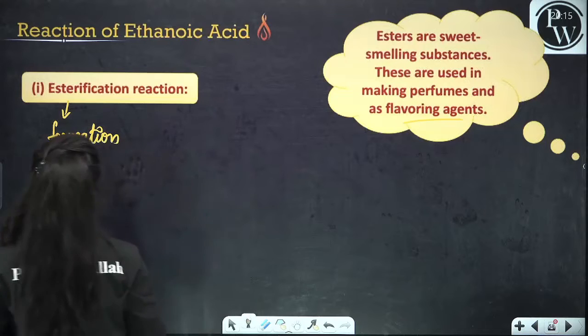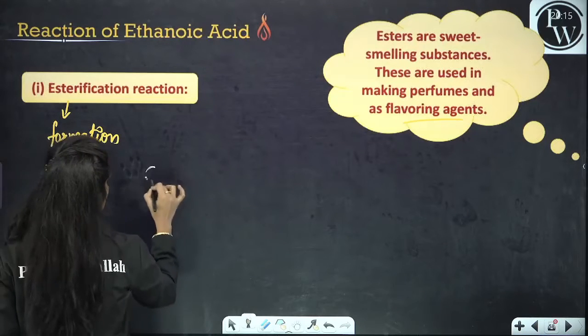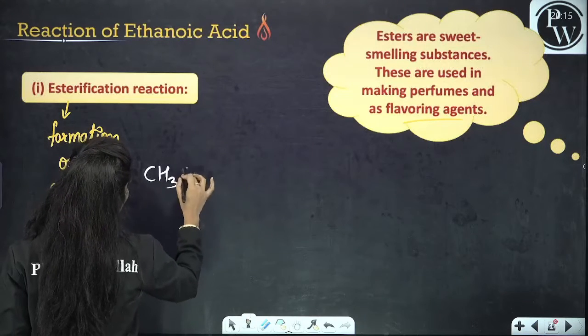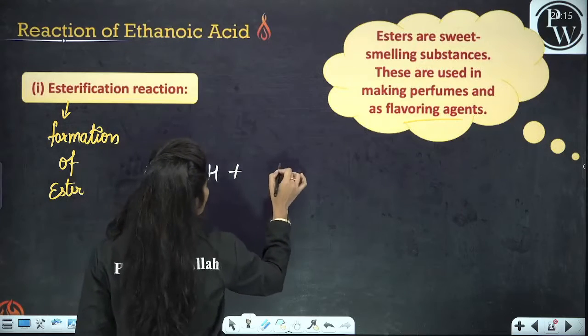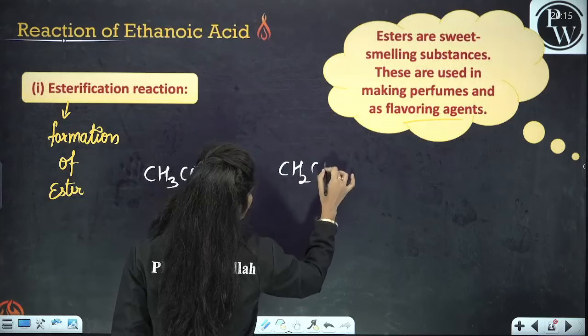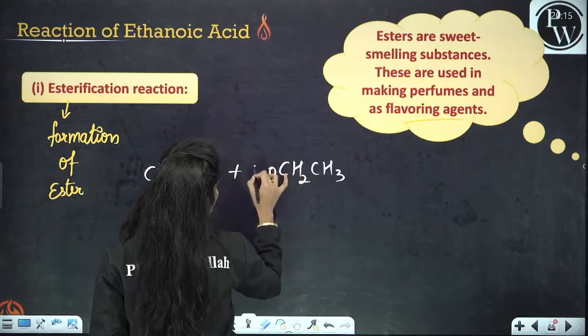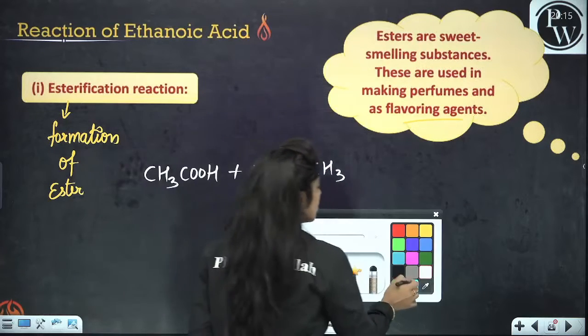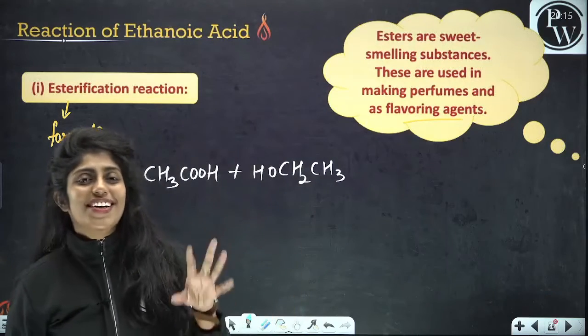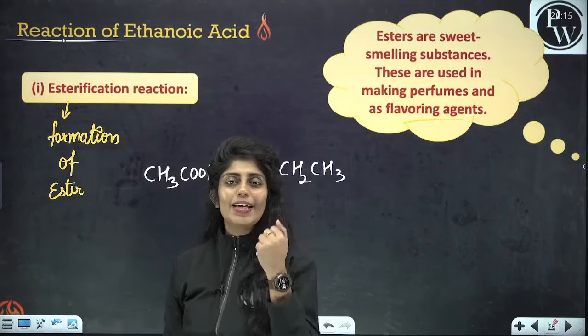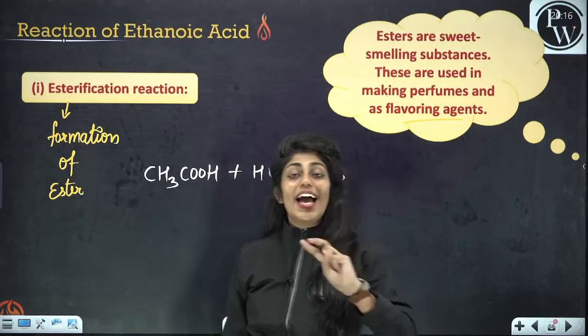So we have esterification. This is your ethanoic acid, come along with your ethanol. Oh my god, we have two important compounds of carbon in this chapter. Bring them together, ethanoic acid and ethanol.